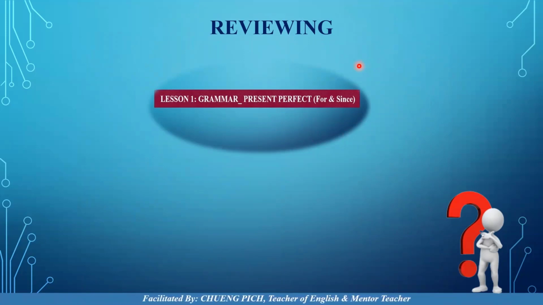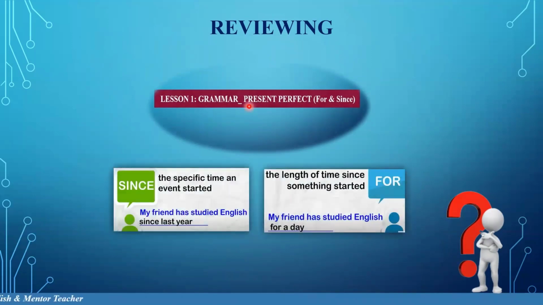Last week, as I have mentioned earlier, we studied lesson 1 grammar, present perfect. We focused on for and since. When do we use for and when do we use since in the present perfect? Here you can see we use since to express the specific time the event started. My friend has studied English since last year, all right?